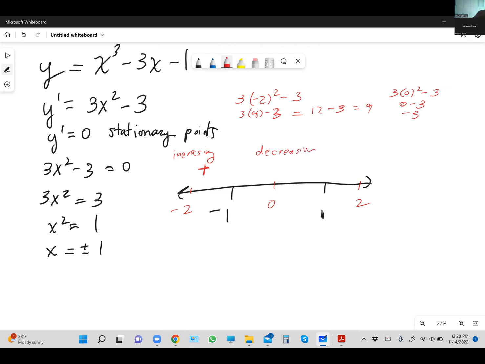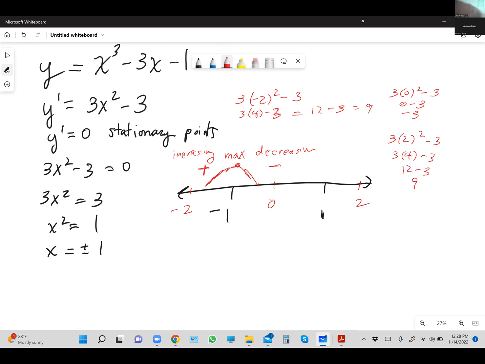So now you see that it's going up here and then it goes down. So this has to be a maximum, a local maximum at the very least. Now we test that 2. So we have 3 times 2 squared minus 3. So 3 times 4 minus 3. So it's 12 minus 3. So that's 9.